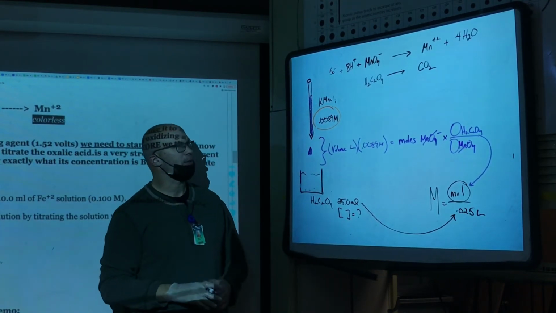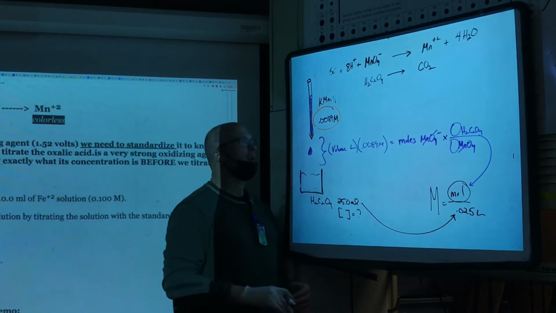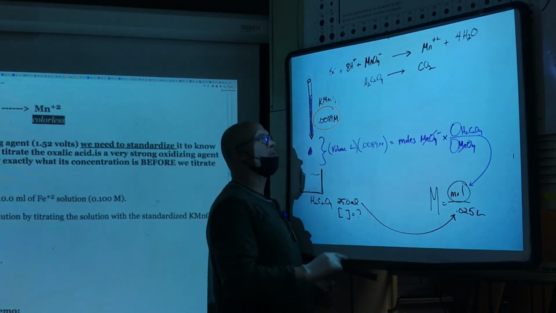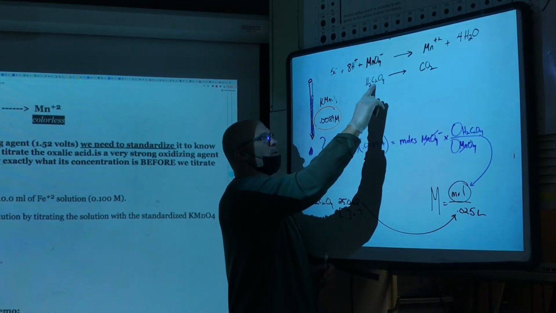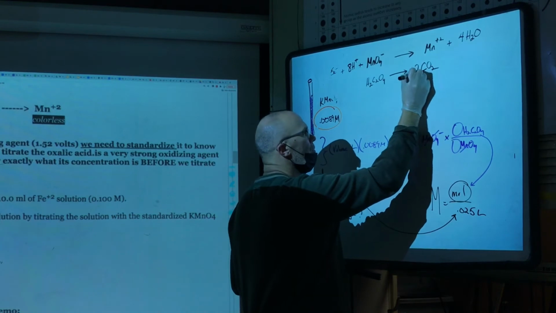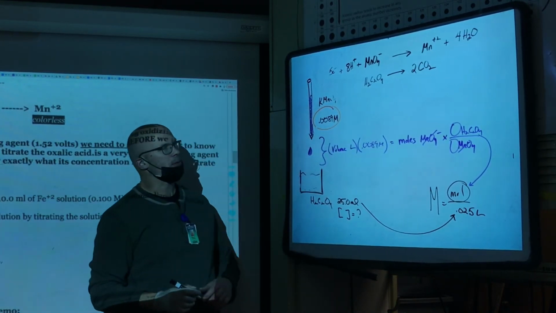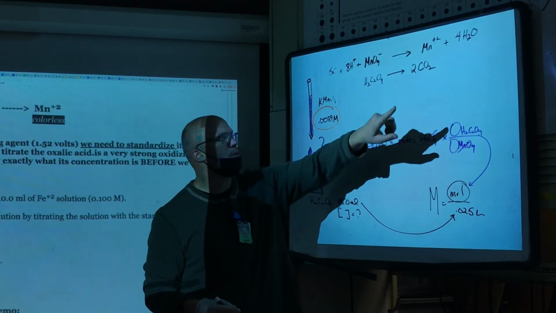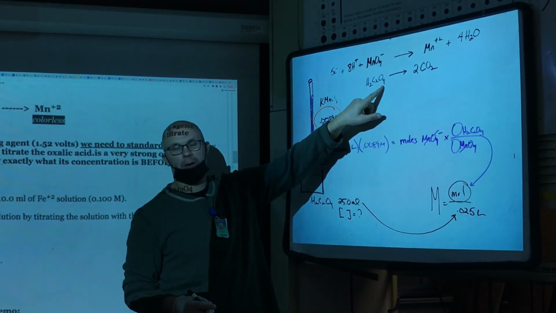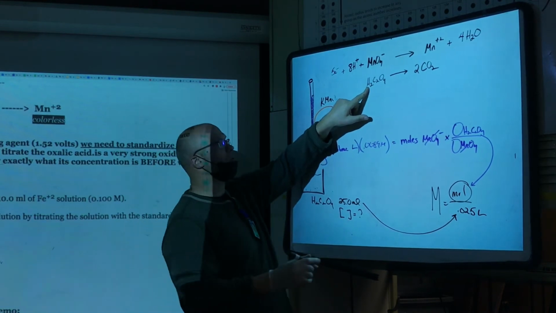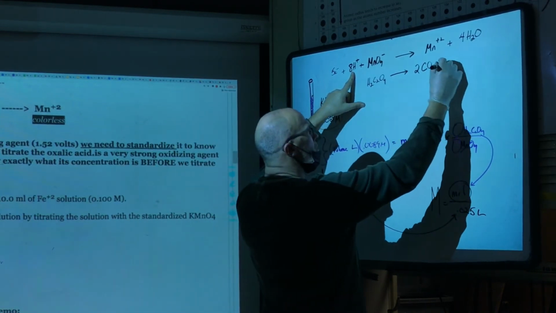More advanced balancing here in acidic environment. Balance all things other than oxygens and hydrogens. Well, carbon is 2. There's 1 carbon here. I throw a 2 here. Now I got to balance my oxygens. Well, I think they are balanced because 2 times 2 is 4 oxygens. And I have 4 oxygens here. Here I have 2 H's. Got to balance those with 2 protons.